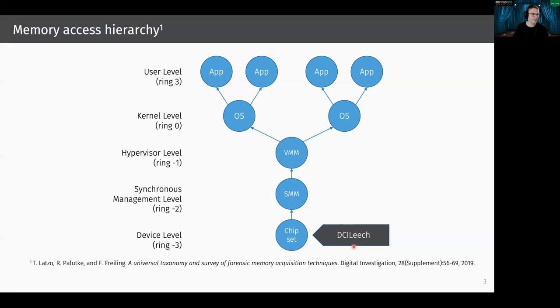Most tools on this layer are basically DMA based. And most existing memory acquisition tools are on the operating system kernel layer, so often implemented as kernel modules, or in the hypervisor.